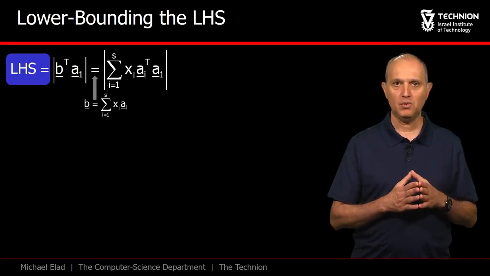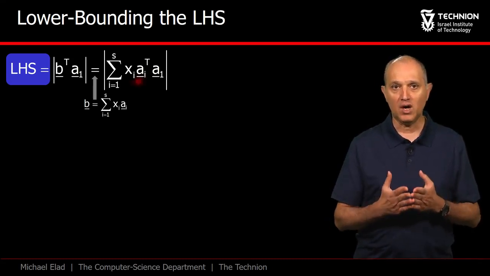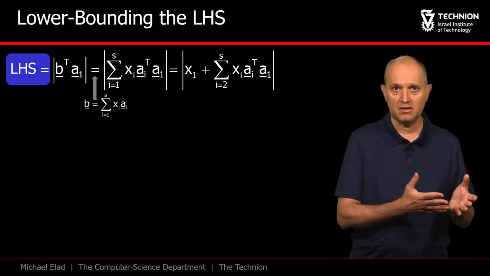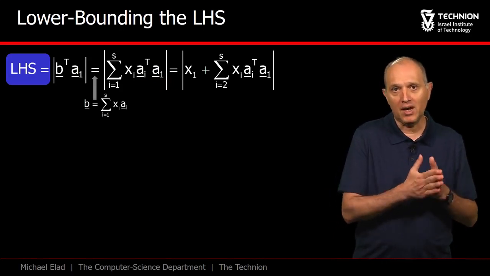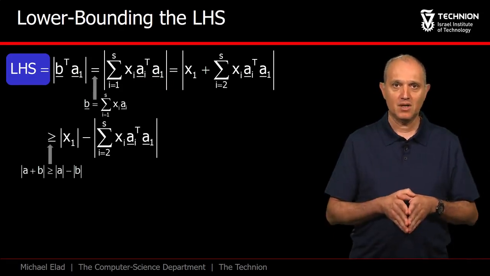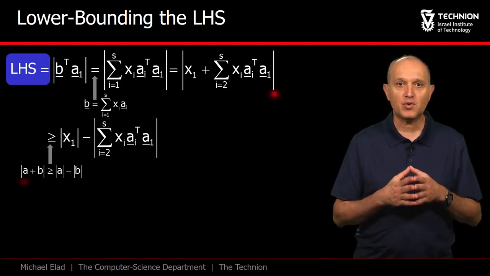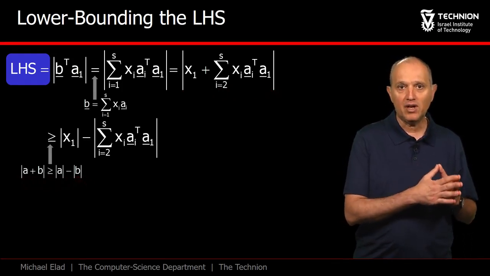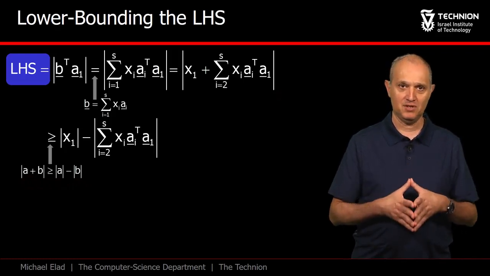In a similar way, we turn to treat the left-hand side expression. Observe that in the summation, when i equals 1, we get that a1 meets itself in the inner product. Thus, this term is simply 1, assuming that the atoms are normalized, and we get an expression equal to x1 plus the rest of the summation. As we aim to lower bound this expression, we rely on the reverse triangle inequality and show that the above is bigger or equal to the absolute value of x1 minus an absolute value over the rest of the summation.